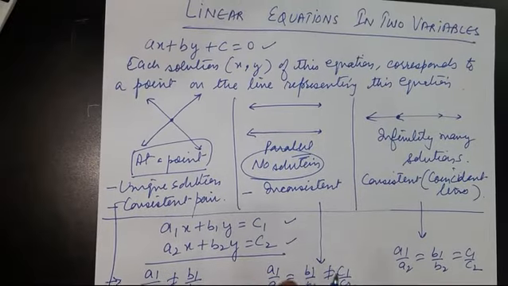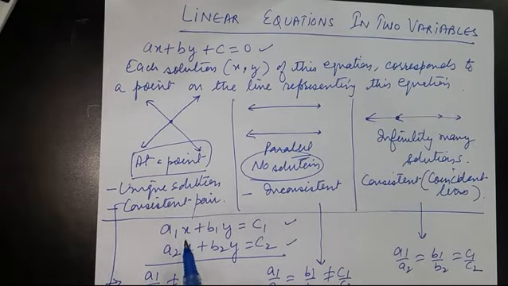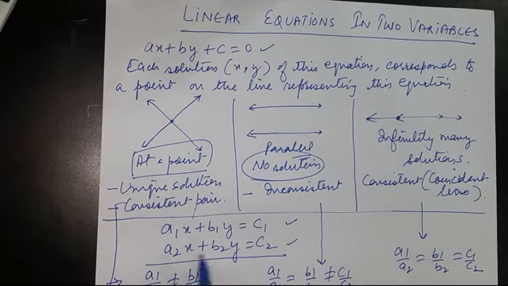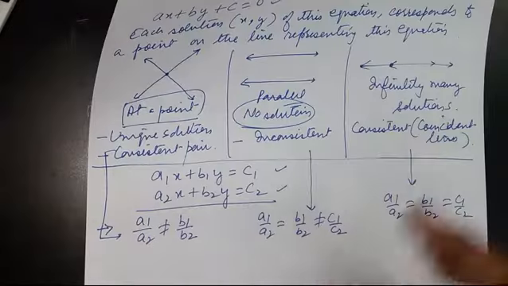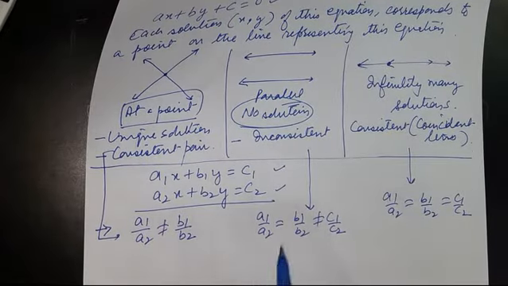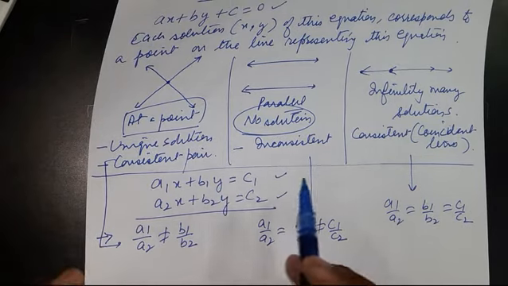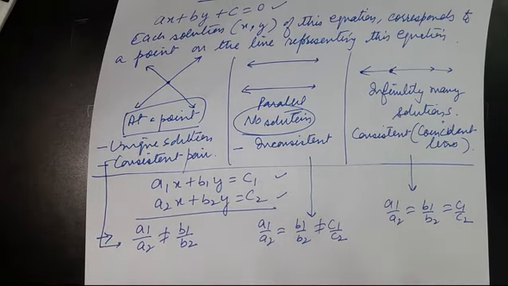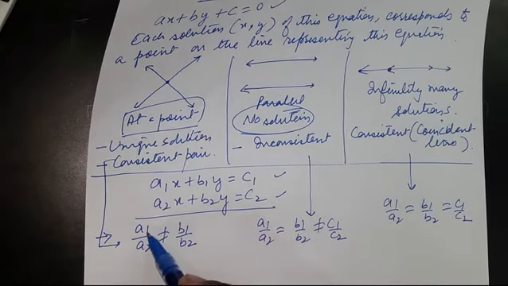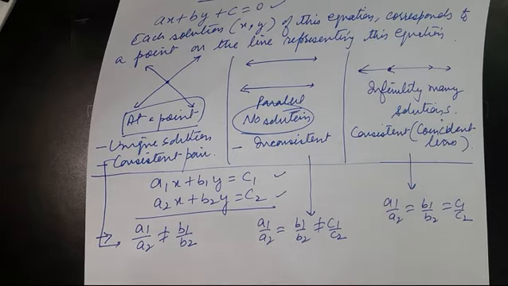Just by seeing all these constants a1, a2, b1, b2 and c1, c2, you can very easily know what type of solution these both equations have. Got it? You have to calculate the ratios a1 upon a2, b1 upon b2 and so on.